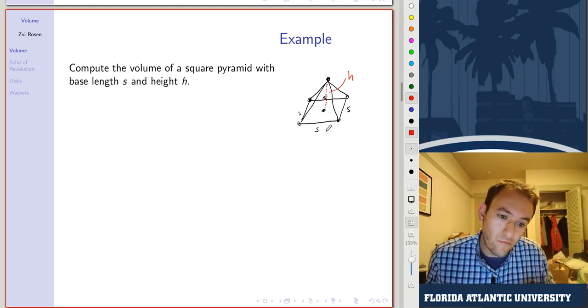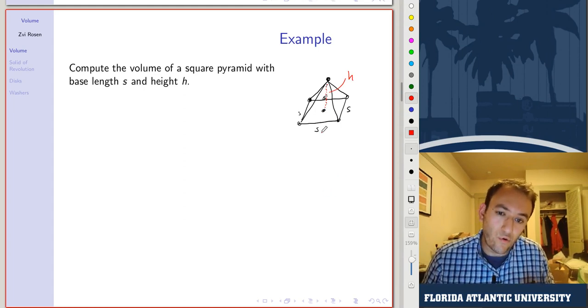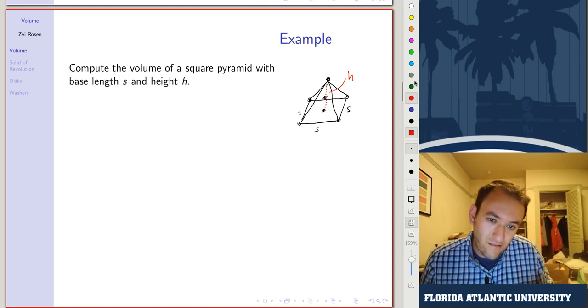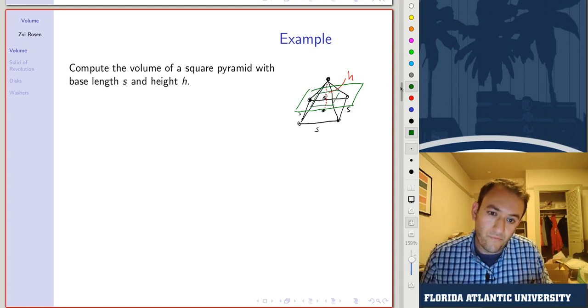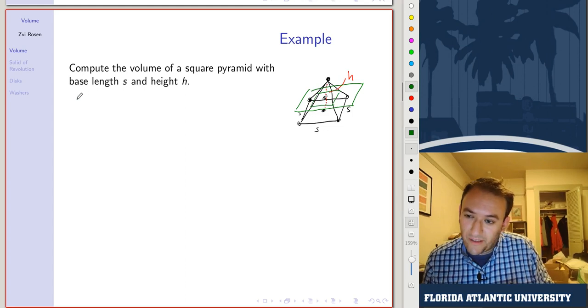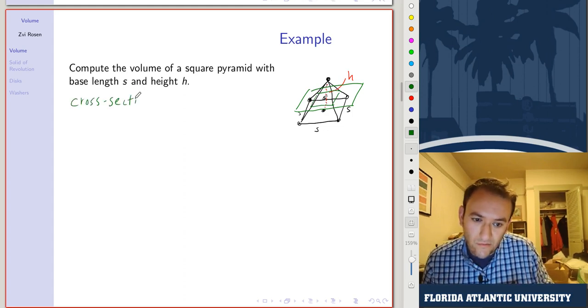So now we want to think about what's the cross-sectional area when you slice it in the horizontal direction. So what does this look like? You can probably convince yourself pretty quickly that the cross sections are all squares.